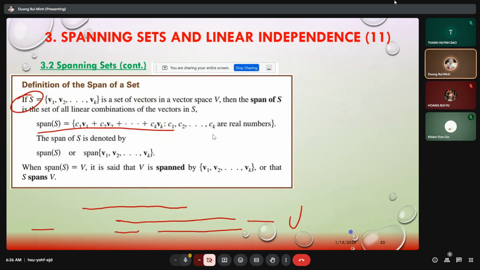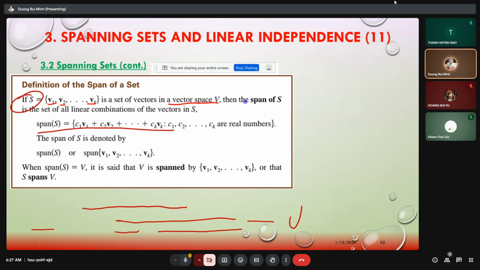Last week we talked about the definition of spanning set. We have the vector space V, and we have this set S, including the k vectors V1, V2, up to Vk.